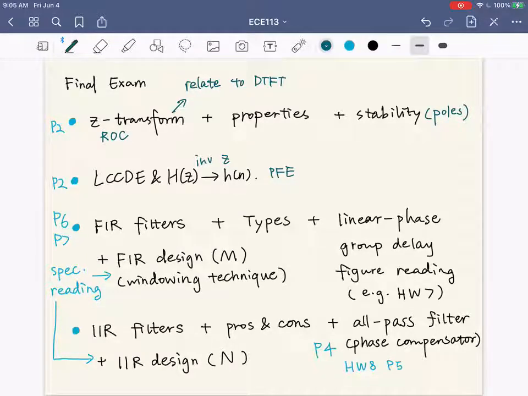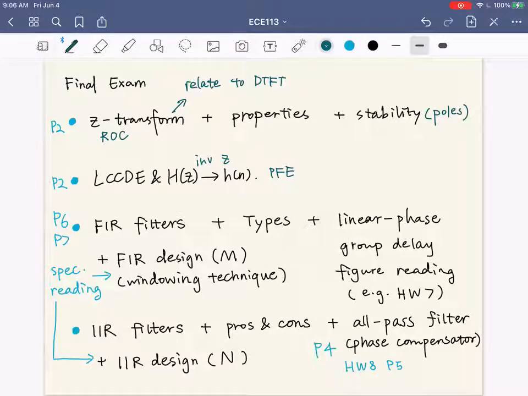It requires us to read figures, just like the questions in homework 7. An FIR filter is even easier than the IIR. The IIR filters come with more uncertainty because of their infinite property.